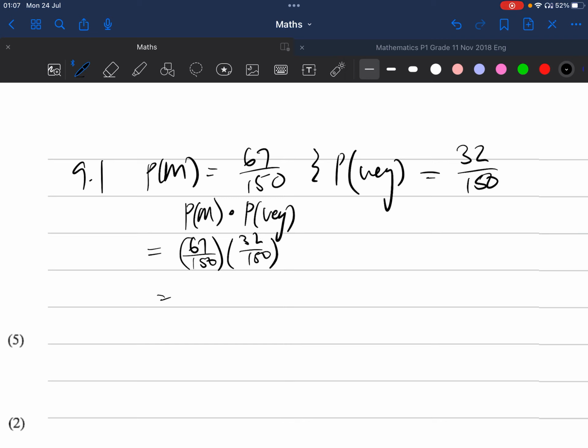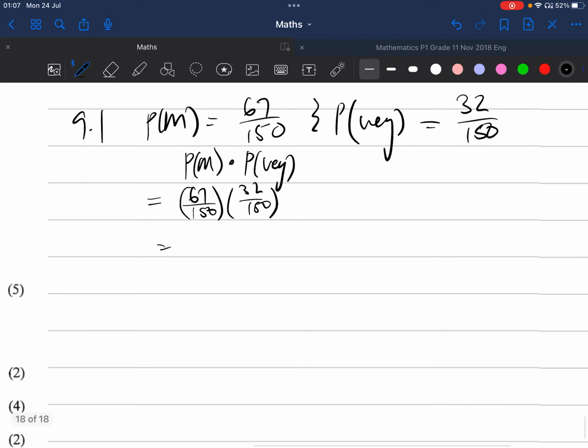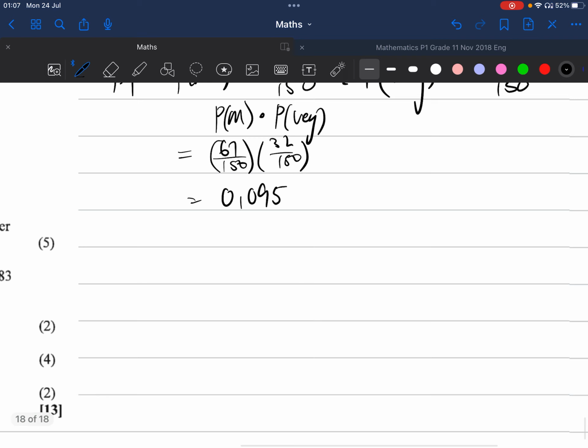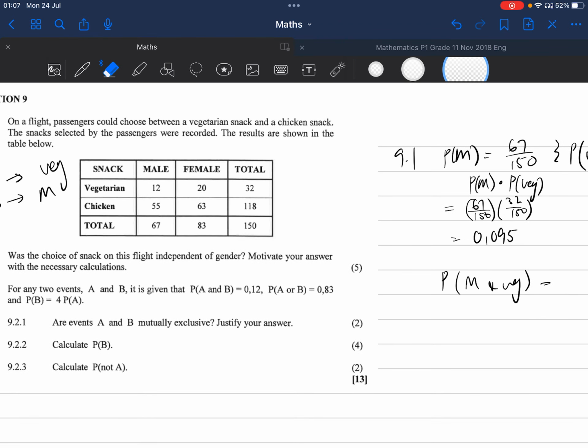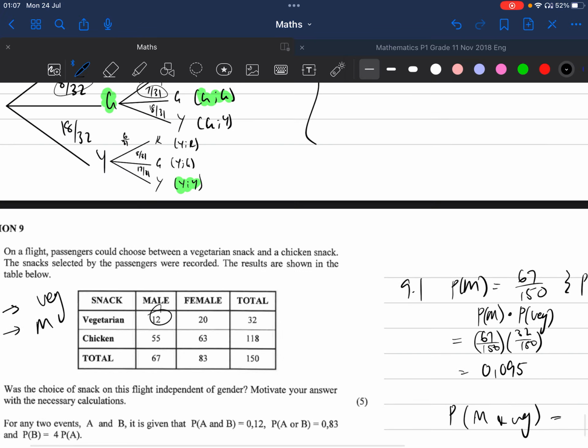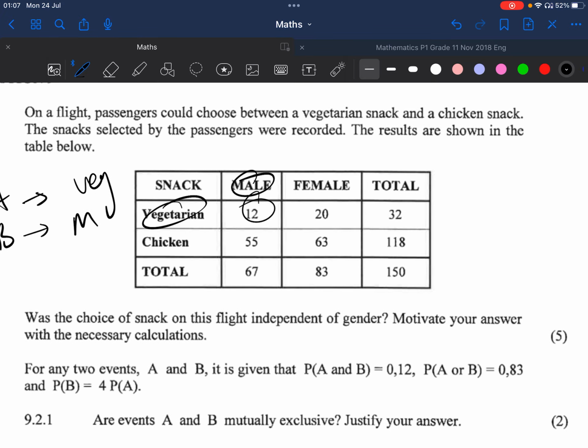Now let's simplify that. I'm just using my calculator to get the answer: 67 over 150 times 32 over 150 gives us 0.095. And the probability of male and taking a vegetarian snack was 12 over 150, because these people were both male and took vegetarian snacks.